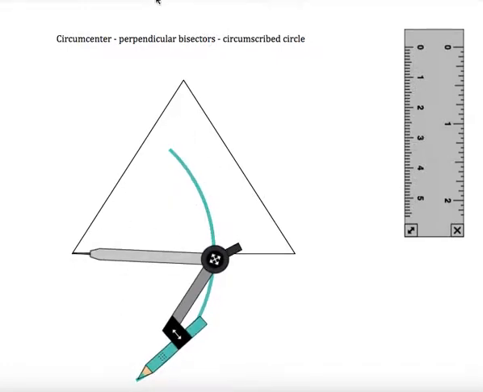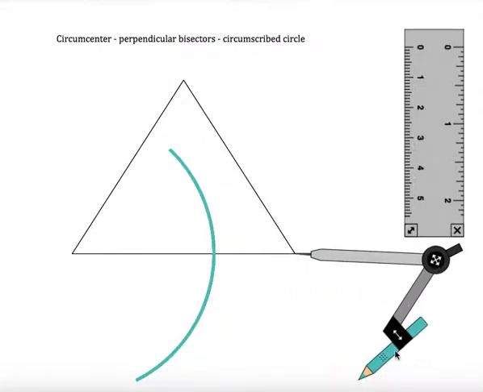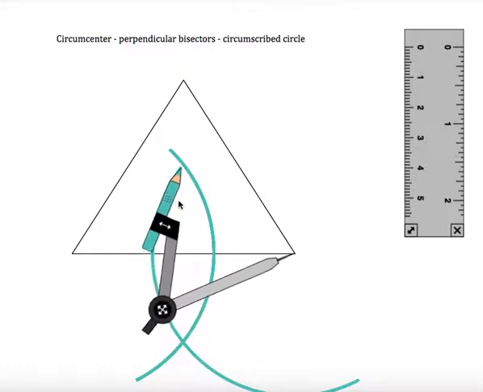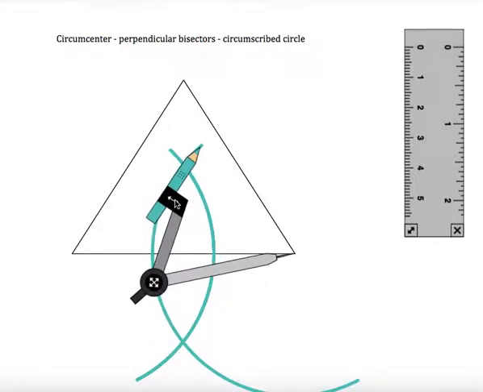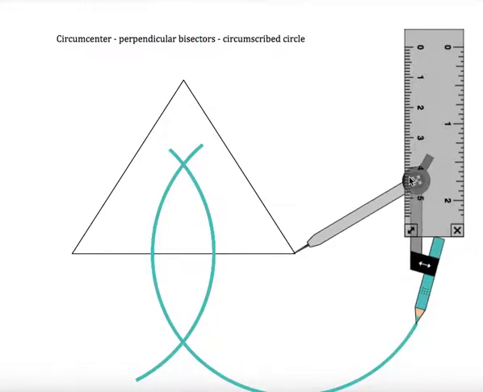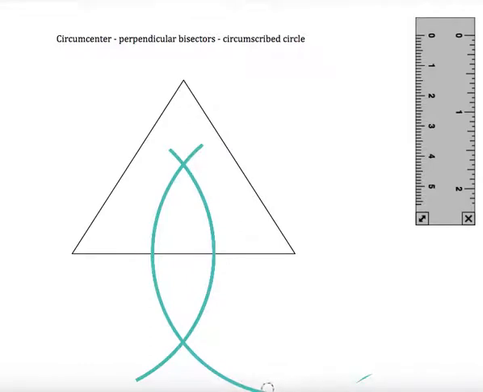And once you do it on one side, you want to make sure you keep your compass at the same distance, and then create another arc on the other endpoint so that it crosses both above and below your line segment. I'm just going to clean this up just a little bit so that I don't have all these extra lines.